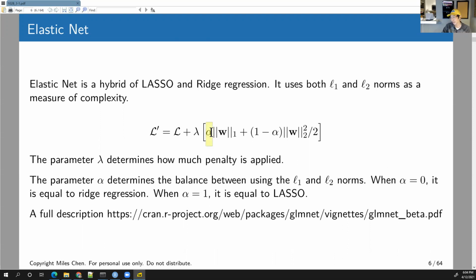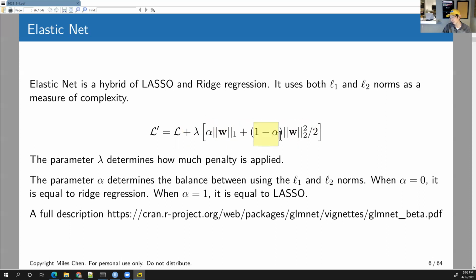And basically, the measure of complexity is going to be this. The regularized loss L prime is still the OLS loss L plus lambda times some complexity parameter. But this time the complexity parameter is going to be a mix between the L1 norm times alpha plus the L2 norm times 1 minus alpha.